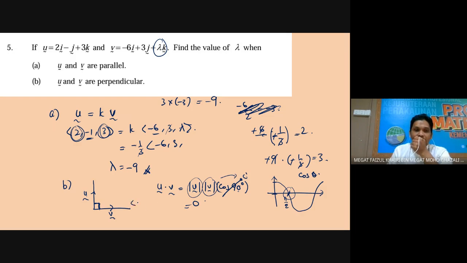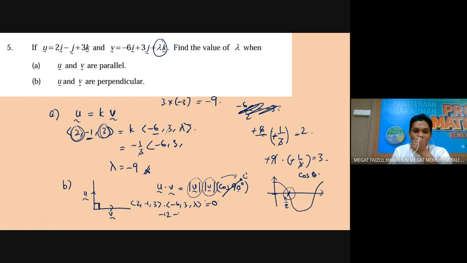So U dot V: (2, negative 1, 3) dot with (negative 6, 3, lambda) equals 0. So 2 times negative 6, negative 12.